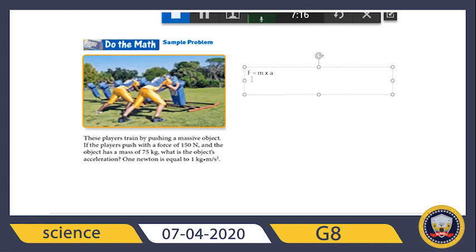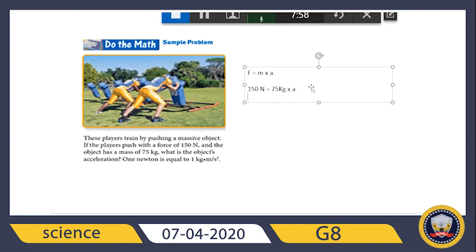Now we need to plug in the known values. We have the force, which is equal to 150 Newton, equal to mass 75 kilogram, times acceleration. The unknown value is acceleration. What is the object's acceleration? We don't know the acceleration, so we need to calculate it using this equation.